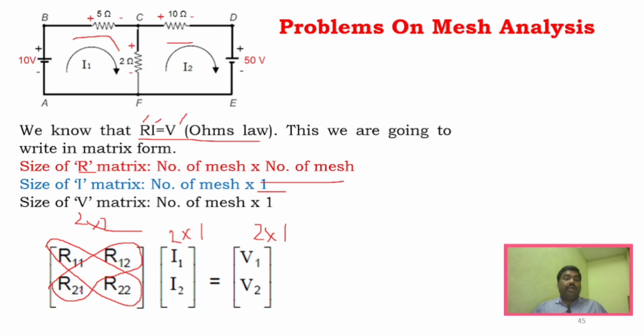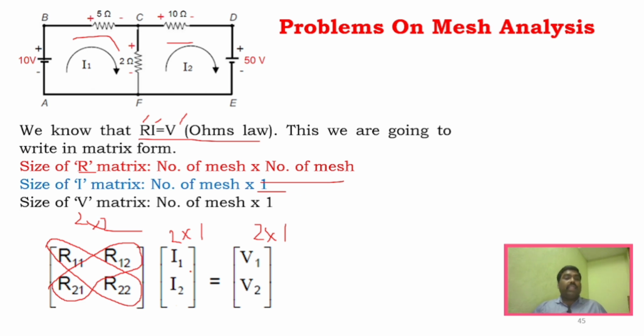So we consider all the off diagonal elements as minus, as simple as that. Otherwise, you might think that if the currents are in the same direction you put plus, and if in different directions you put minus, which will be confusing. So understand that off diagonal elements are always minus because we are considering all the meshes in the same direction.